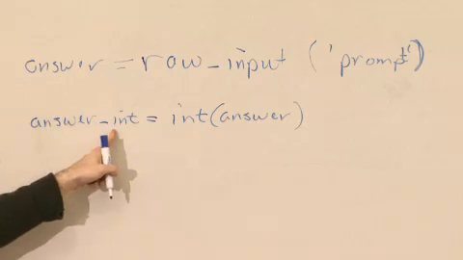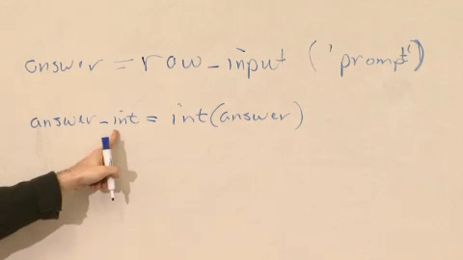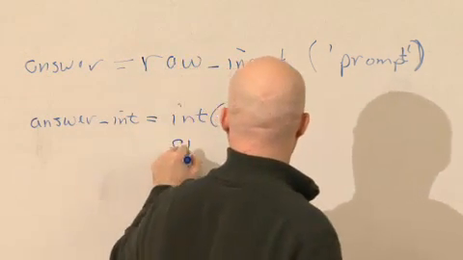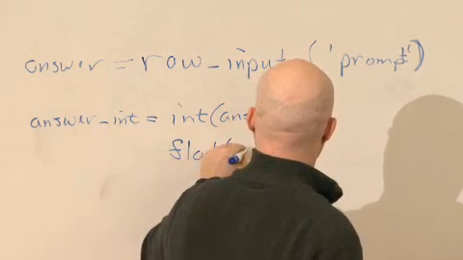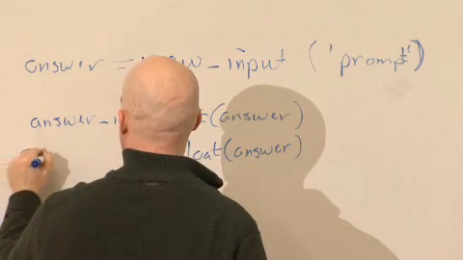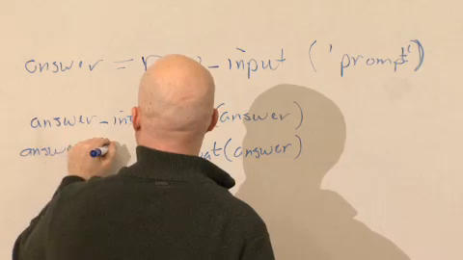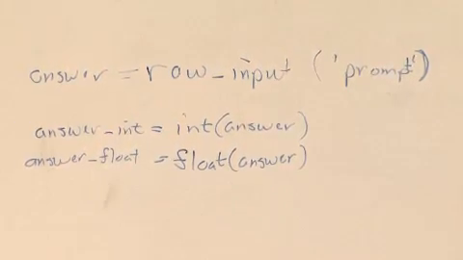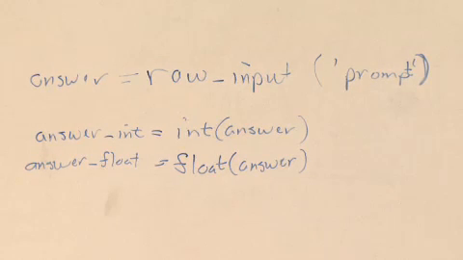So now this is an integer, and you can do math with it. Or you can also convert it to a float. Does that make sense? That's something that'll be useful in your problem set. So just FYI.